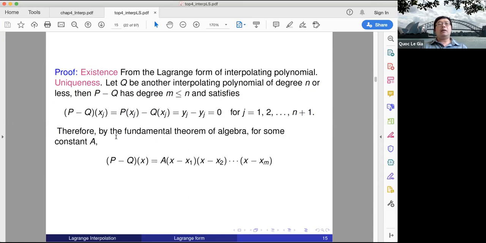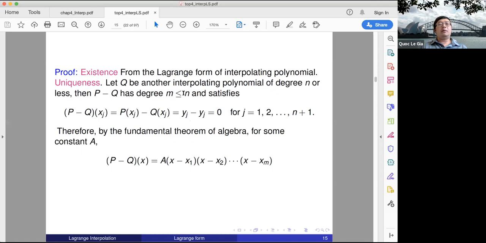So that's the key part. You have p minus q equals 0 at n plus 1 points. Then you can use the fundamental theorem of algebra to write p minus q as a product like this: a times (x minus x1) up to (x minus xm). Remember why we can write up to x minus xm: because it's of degree m, with m less than or equal to n.